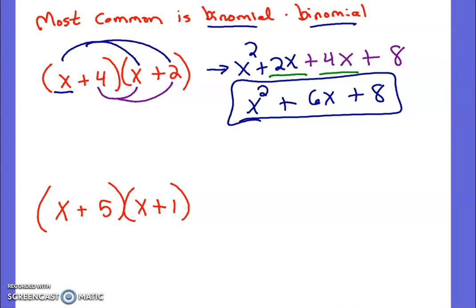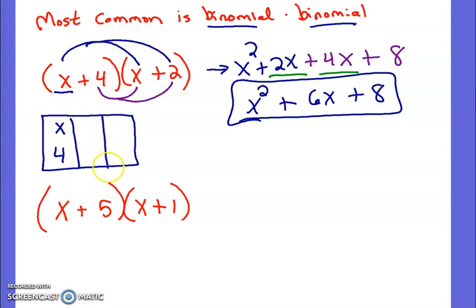Now, something I do want to point out to you, there's also another way to do it. You could actually set up a chart, x plus 4, and then you have x plus 2. And you're going to multiply those to get to your answer.